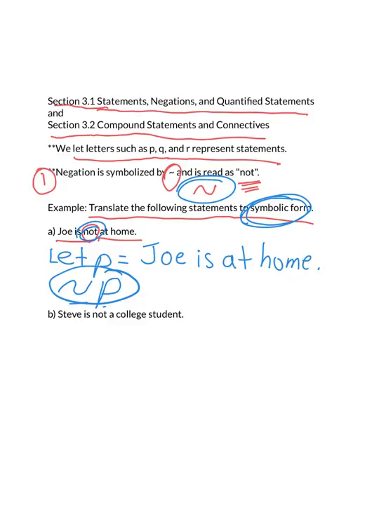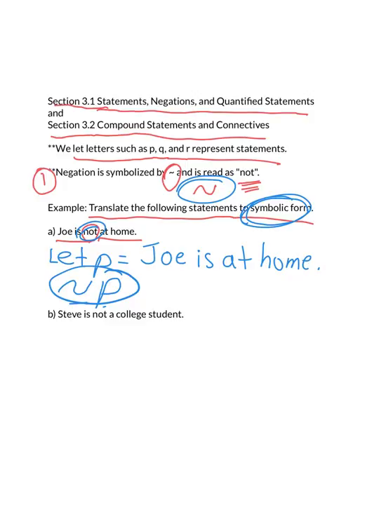Whenever we negate any sentences in this chapter, the negation symbol will always go before the letter, before the idea you're trying to negate. So not P means that Joe is not at home. When you have your homework on this, you could either just type in the negation symbol P. Remember, I mentioned that negation tilde is to the left of the number 1 on a traditional keyboard.